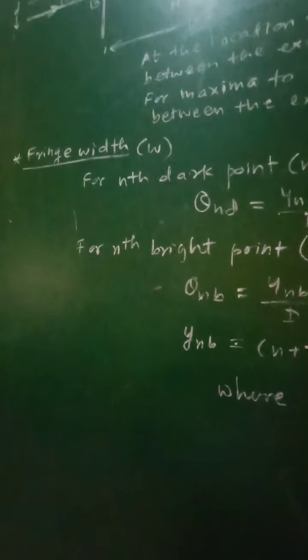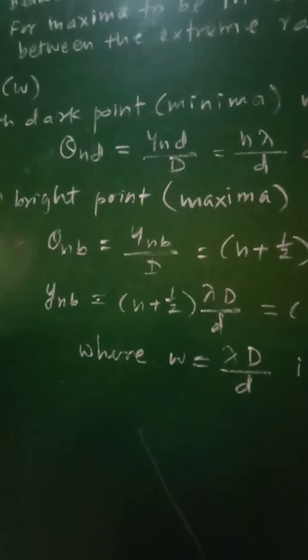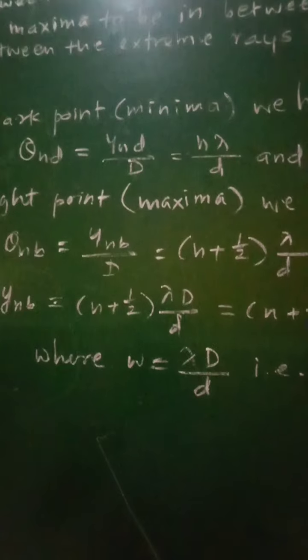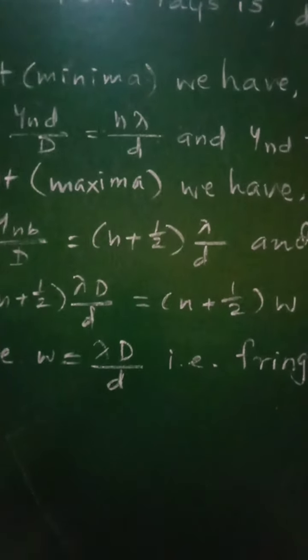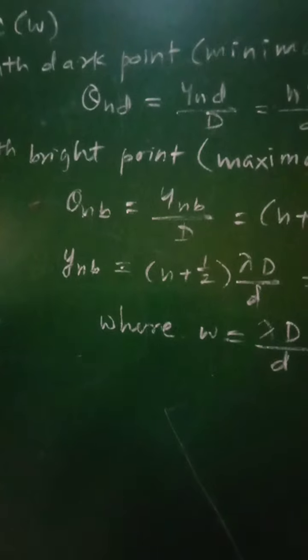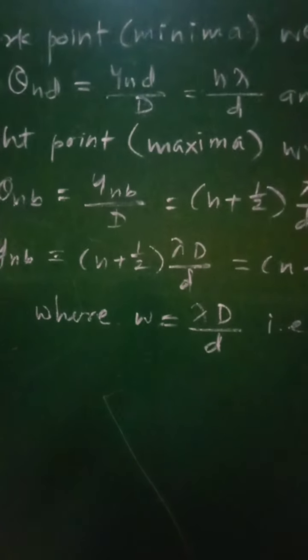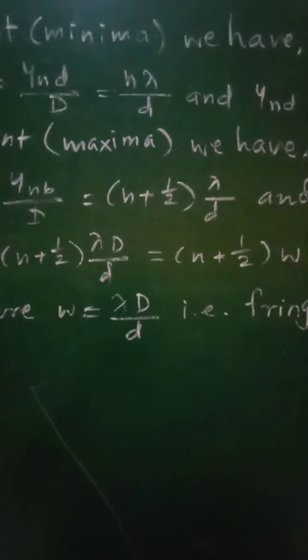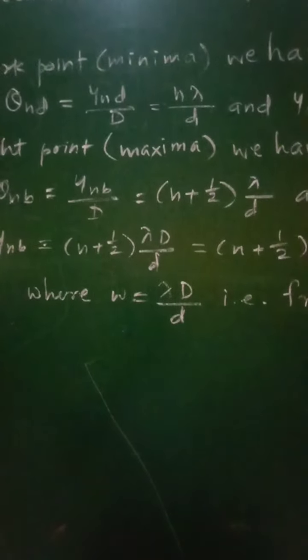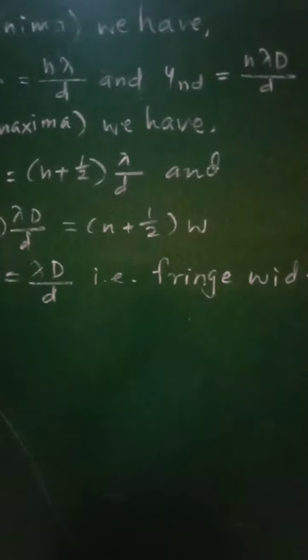Similarly, for the nth bright point, that is maxima, the angular separation theta nb equals ynb upon D, which equals (n plus half) lambda by d, and the distance of this bright point ynb equals (n plus half) lambda D upon d, which equals (n plus half) W, where W is lambda D upon d, that is the fringe width.